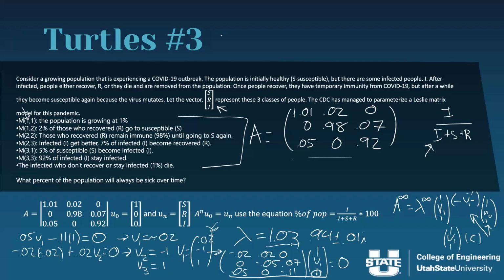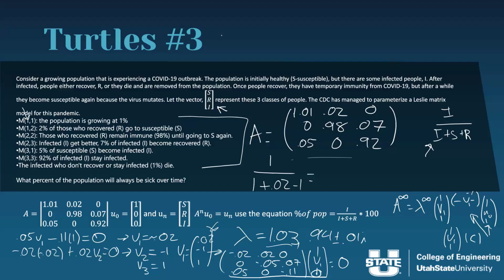So I'm going to plug it into this formula. I have my infected, which is more or less 1, divided by 1 plus 0.02 minus 1, and you get 1 divided by 0.02. That's basically what I did.